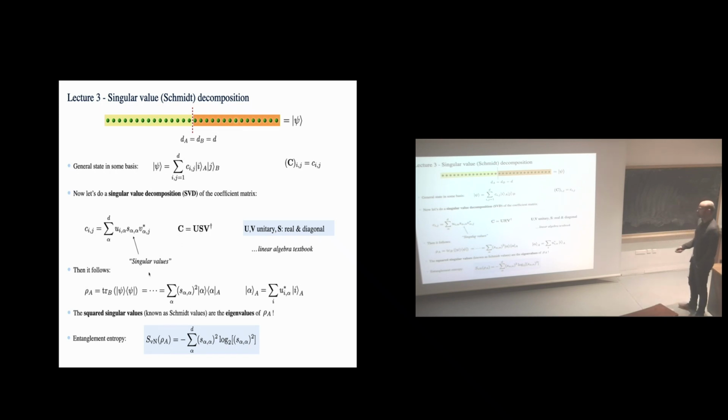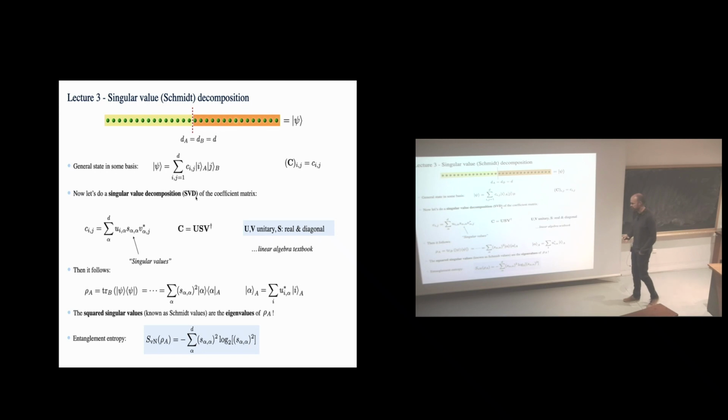A simple exercise you can do is to insert this and write your state in this diagonal form, so that you have only diagonal elements in the coefficients. Then if you trace over the subsystem B, you will see that your reduced density matrix rho A can be written as a sum over the singular values squared times this new basis, where this new basis is defined by the matrix U.